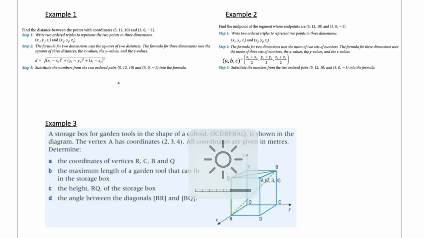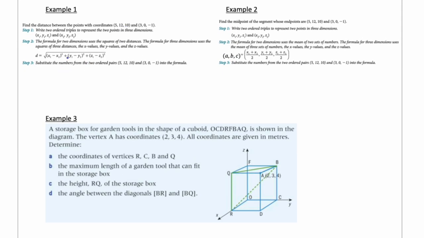Alright, so let's look at some examples. These examples are pretty simple. To get the distance between these points, you simply use the formula for 3D. So you just do root and subtract the x values. We get 5 minus 3 squared. And then the y value is 12 minus 0 squared.